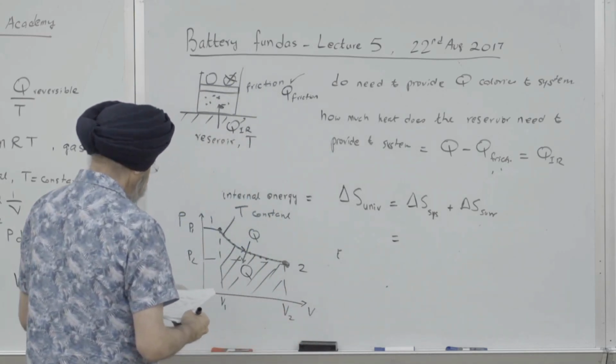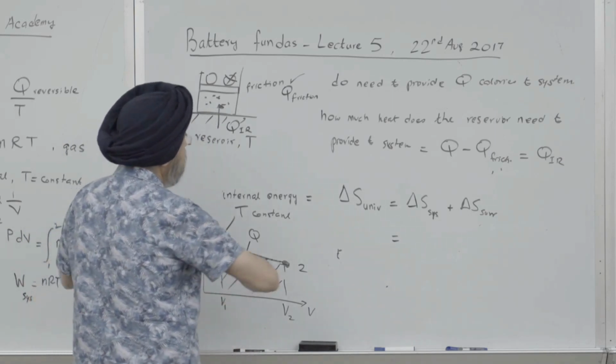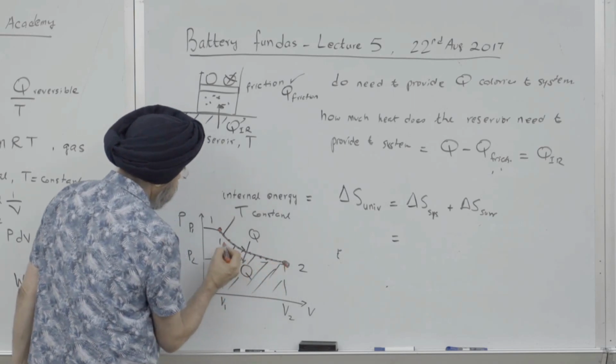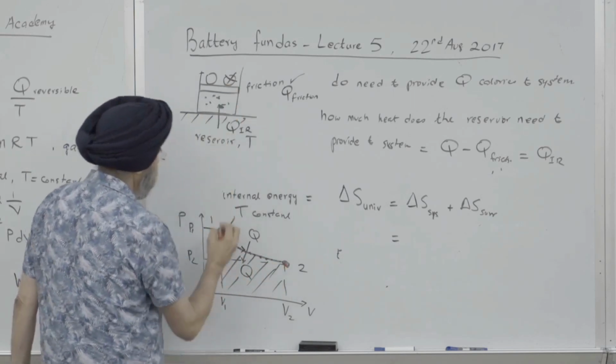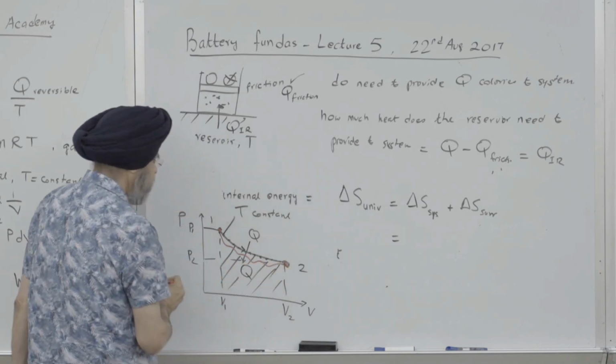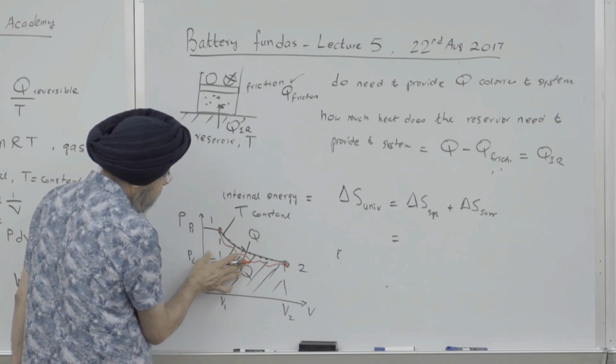Okay, so let me just take a little sidebar over here. We are going from position 1 to position 2, and we are going suddenly. So this curve might look like this. Remember I said the area under the curve is the work done.